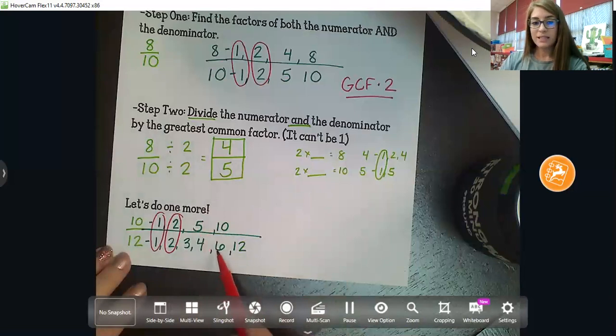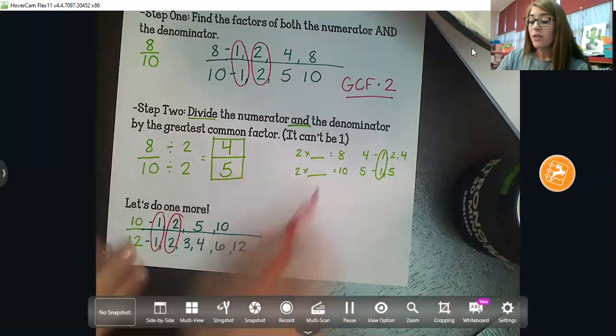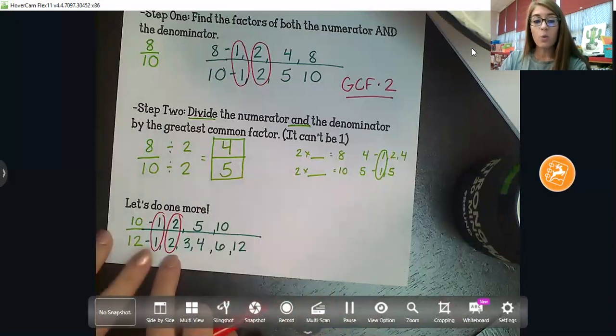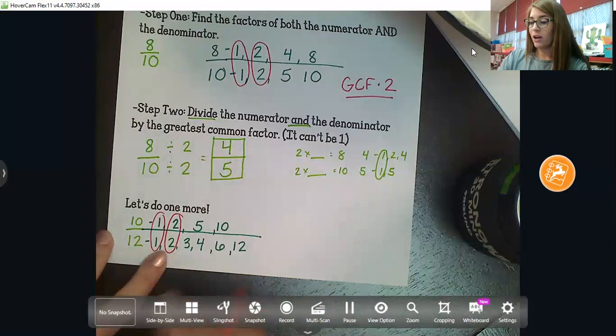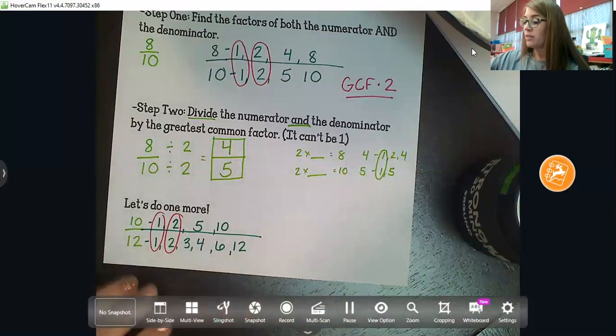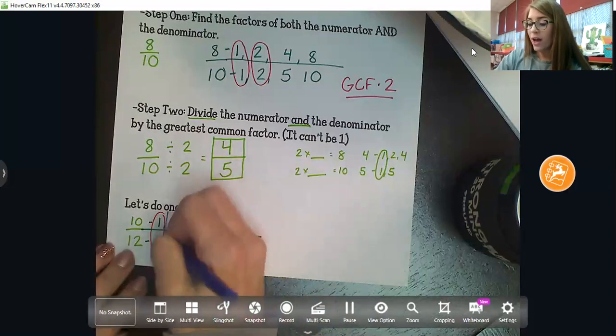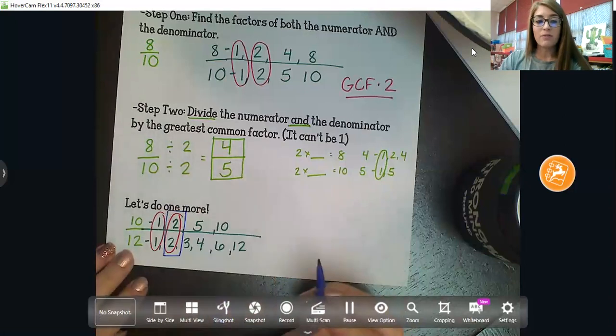Nope. 6? Nope. 10? No, and no to 12 either. Okay, so the 2 factors they have in common are 1 and 2. What is that greatest common factor? Very good. It's going to be this 2. That's going to be the greatest common factor.